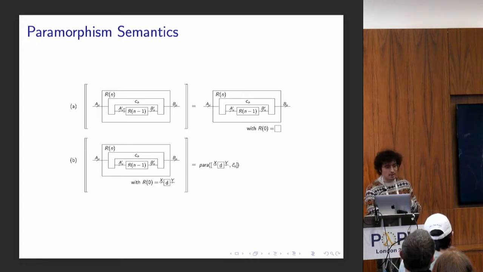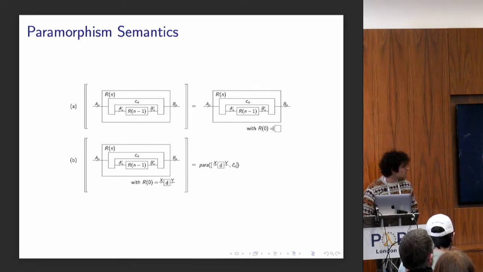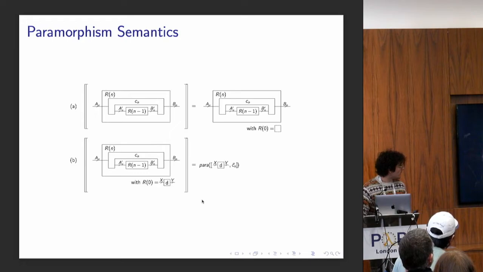And you can nest them, as you saw in the QFT, I had like 2 things nested together. Okay? And usually, if you don't provide a base case, it's assumed to be the empty diagram. But if you do, that's just the paramorphism of your base case and this comb as a function between diagrams.